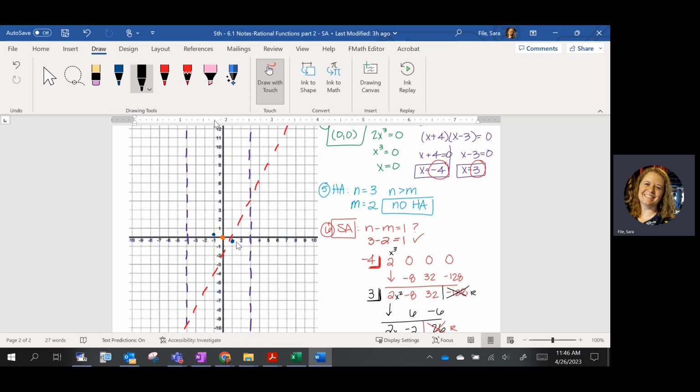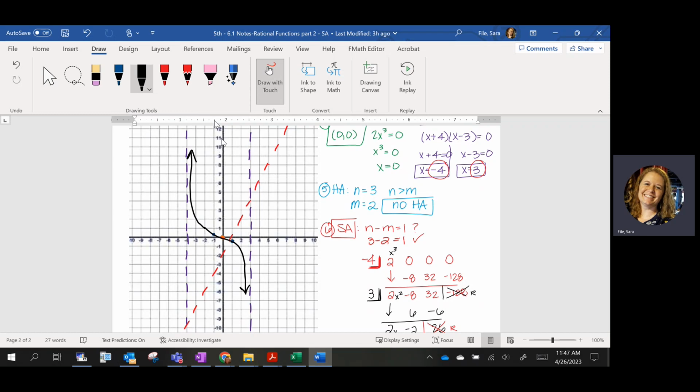They don't affect the center part of your graph in between the ends. They're just guiding the ends. So it looks like these 3 points should connect, but a lot of people get tripped up. They're like, well, I can't cross this slant asymptote. I can't connect these, but you actually can, okay? The vertical asymptote's going to guide the behavior there. Then it's going to come through those points and follow this one down.